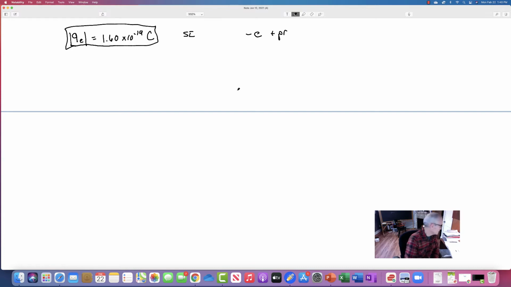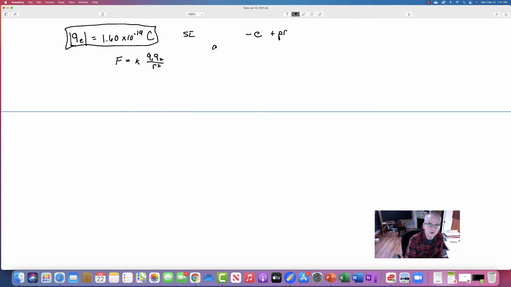So that's one equation. The second equation is that the force that's generated by two charged particles is equal to a constant times the charge on the first particle in coulombs times the charge on the second particle divided by the distance squared between the two.